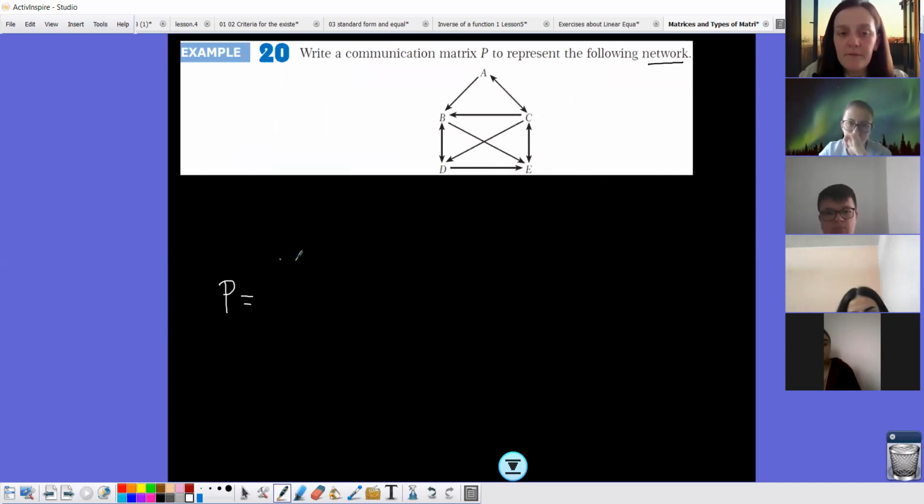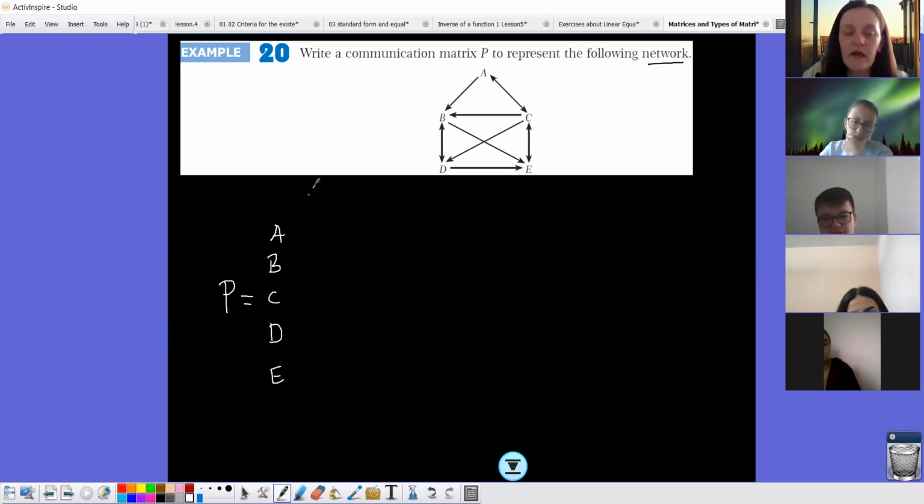How many points do we have? A, B, C, D, E, five. The dimension should be 5 times 5. So let's write A, B, C, D, E, and also here A, B, C, D, E.